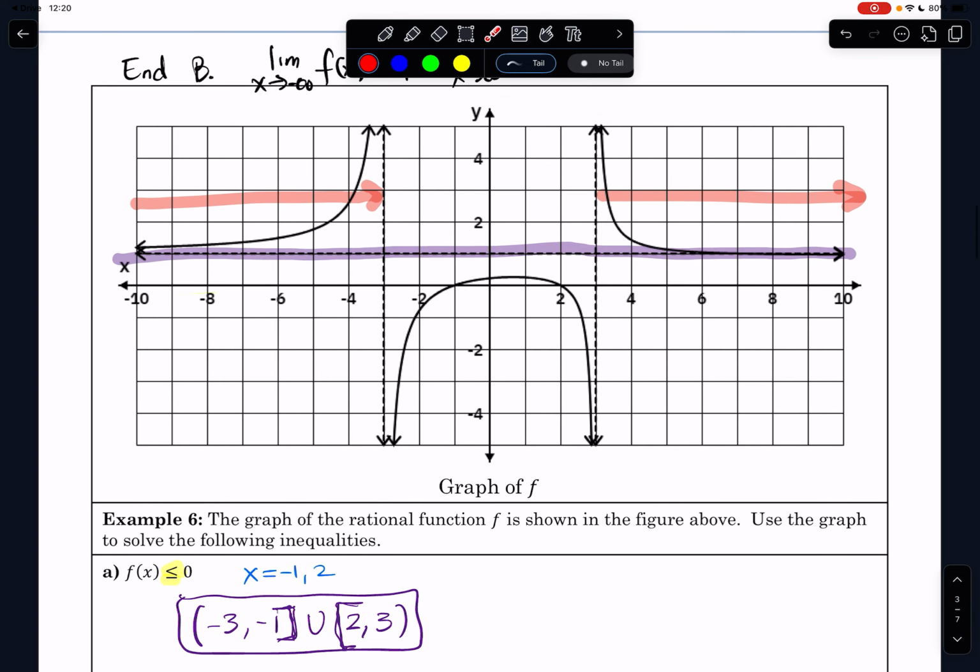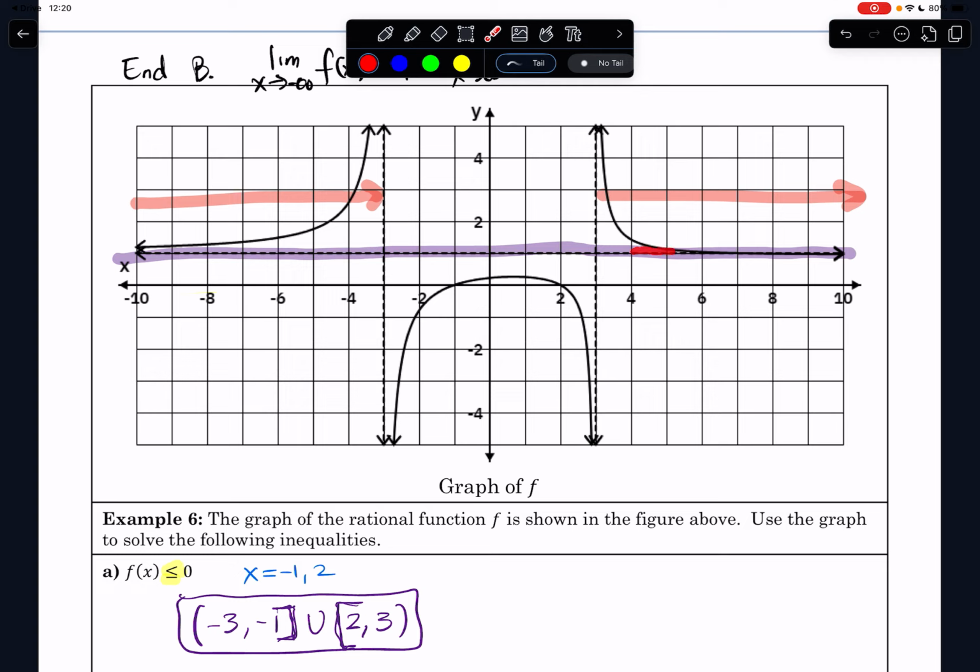And again, you can clearly see what's happening at 3. At 3, we're not touching that point. We're not touching the purple line at 3. The graph is moving away from that point right there. And the same thing at positive 3. The graph is moving away. We're not touching that value right there. And this end, obviously, is not going to touch because even though it looks like it's overlapping and it's on top, it's not. If with the right technology we zoom in, we're always going to see that there's a little gap, okay?